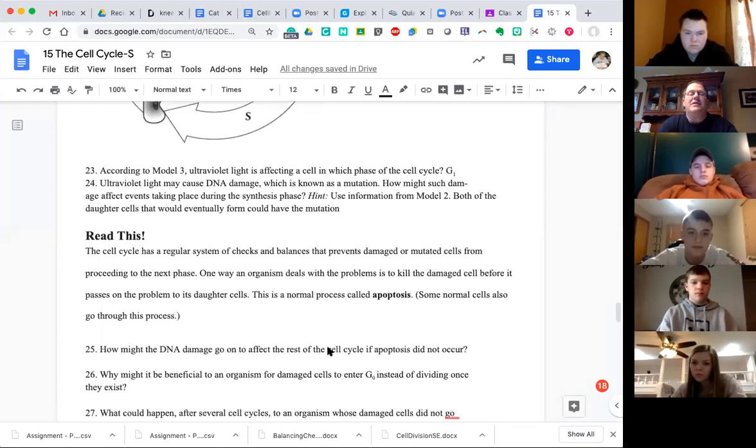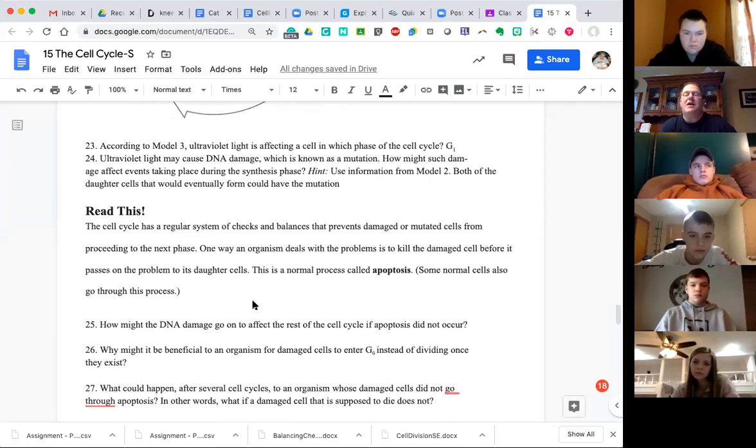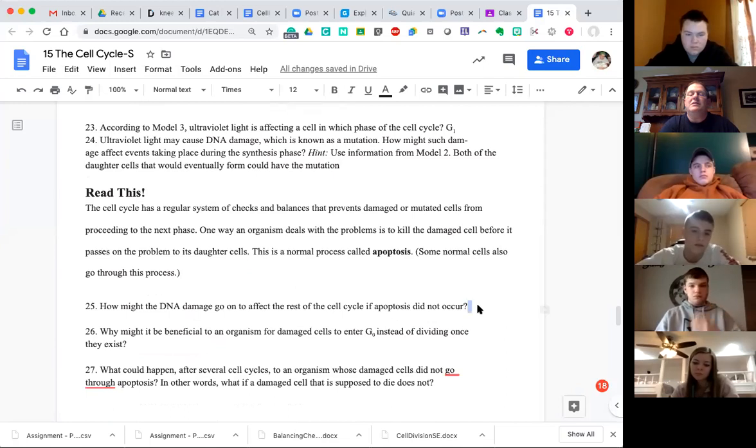Okay, read this. The cell cycle has a regular system of checks and balances that prevents damaged or mutated cells from proceeding to the next phase. One way an organism deals with the problems is to kill the damaged cell before it passes on the problem to its daughters. This process is known as apoptosis. Some normal cells also go through this process.